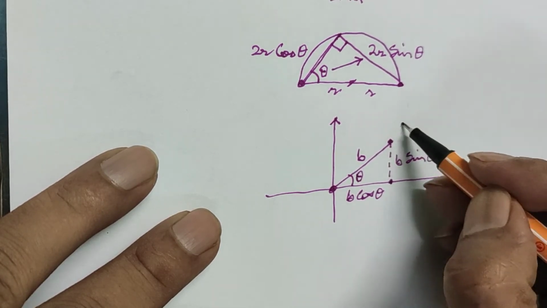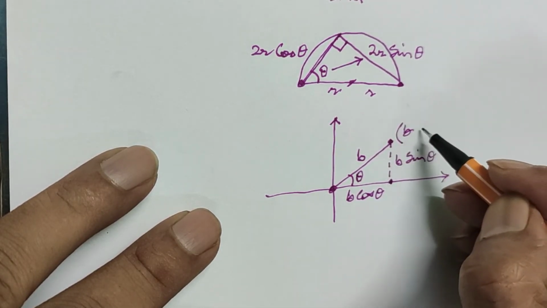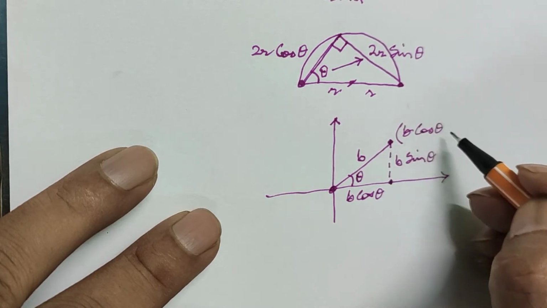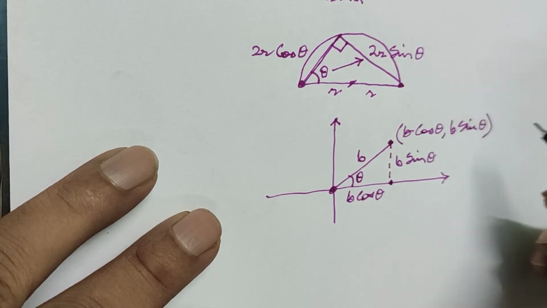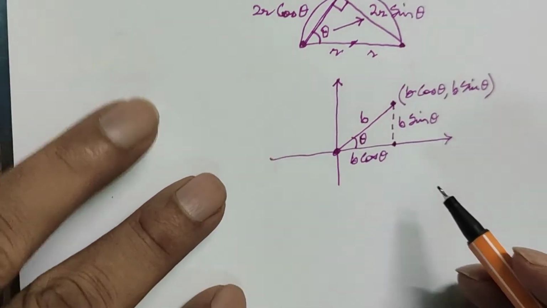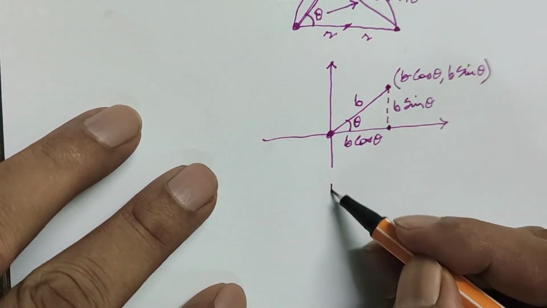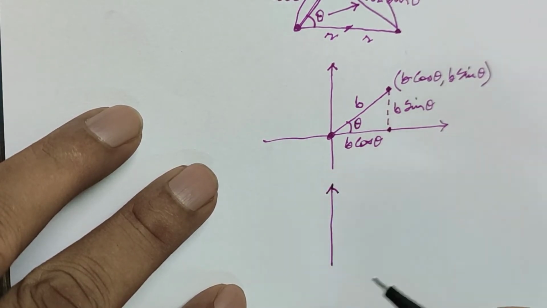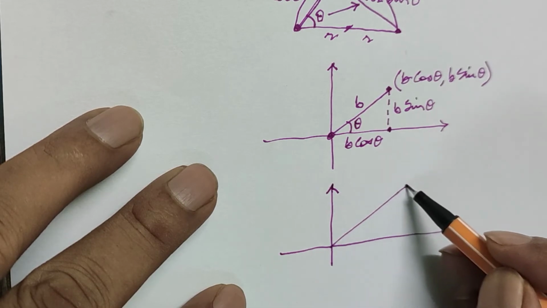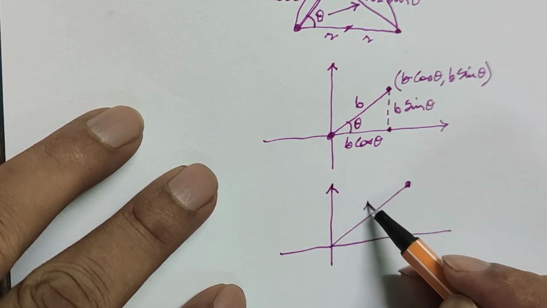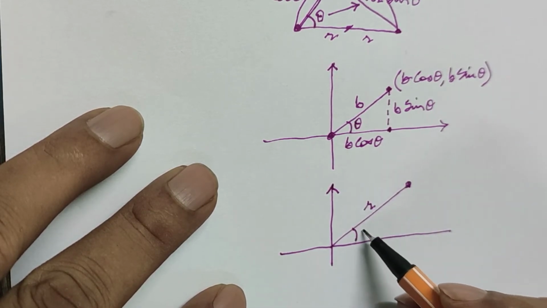And that becomes the coordinate of this point, right? So finding a coordinate of a point, if the distance from origin and the angle is given, we can immediately find the coordinates of that point.